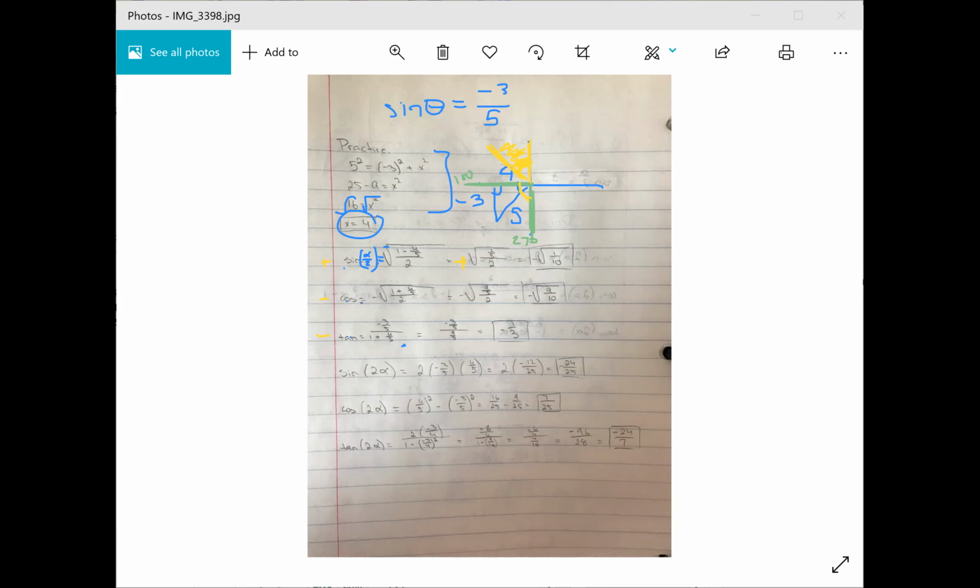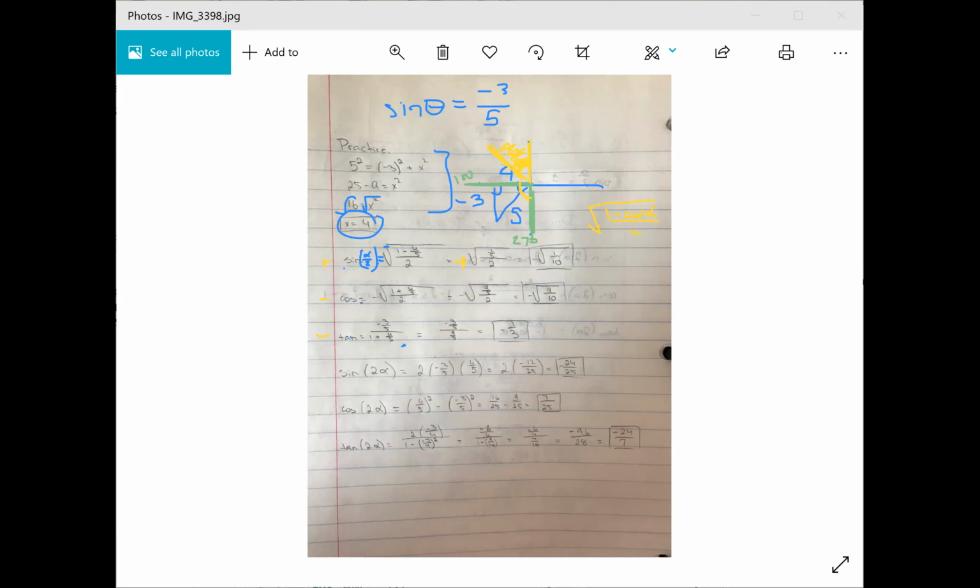The formula is basically just the square root of 1 minus cosine alpha over 2. Let me write that down here. Square root of 1 minus cosine alpha over 2. So this is the formula.